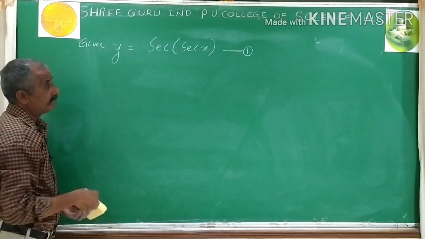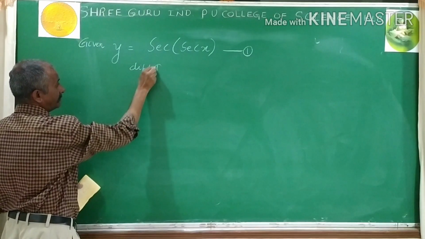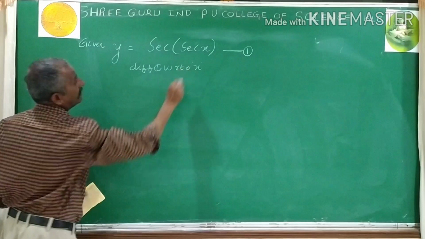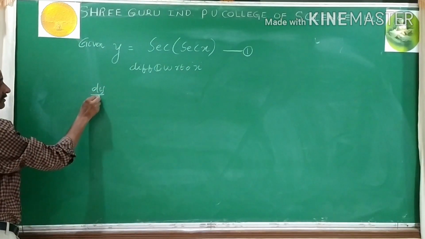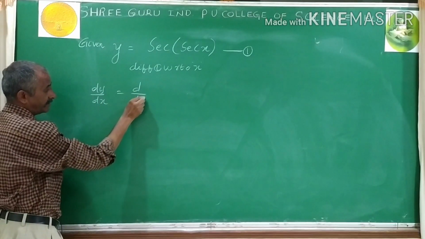Write the words: differentiating 1 with respect to x. Left side dy by dx, right side d by dx of sec of sec x.